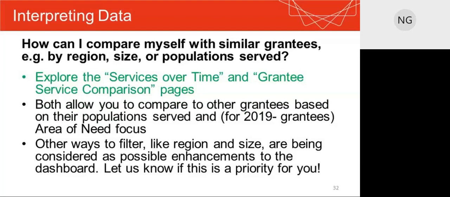And for grantees in the 2019 cohort or later, the area of need that was selected as a focus or a priority in the application. We are considering adopting other ways to filter, like region and size, as enhancements to the dashboard in the future. So let us know if this is a priority for you, because we're right now in the process of gauging interest in those new features.